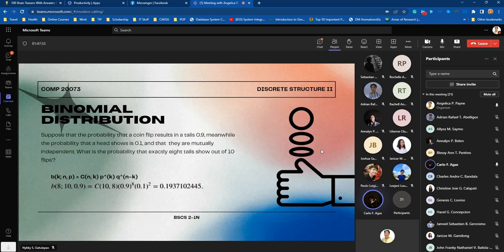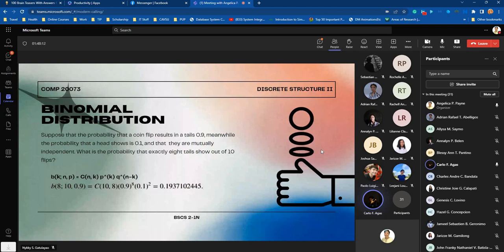Then we plug the values into our equation. K is the number of successes we are looking for, which is 8 tails. N is the number of attempts, which is 10 flips. P is our success rate, which is 0.9. Now, we enter the combination of N and K; on a scientific calculator we usually use nCr, or in this case nCk.